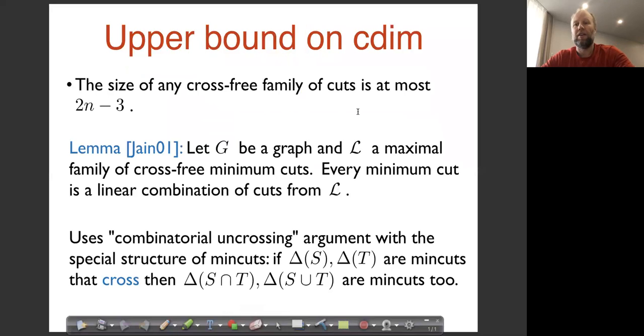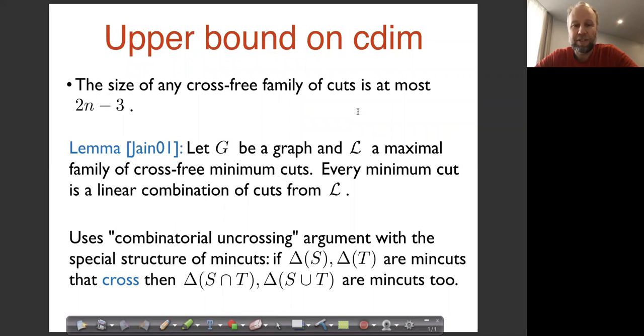Okay, good. All right, so now we've shown that the size of any cross-free family of cuts is at most 2n minus 3. And now we can use this very nice lemma of Jane, going back to 2001. So he says the following.